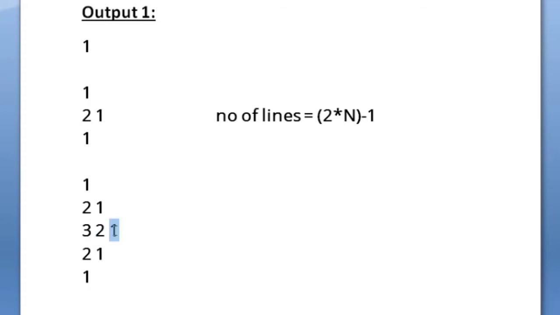Then here again it is 2, so it prints until 1, and here the starting value itself is 1, so no more integers are present on its right side. This is how this triangle pattern is formed. After finding the pattern for each triangle, we must combine them and print it as our output.